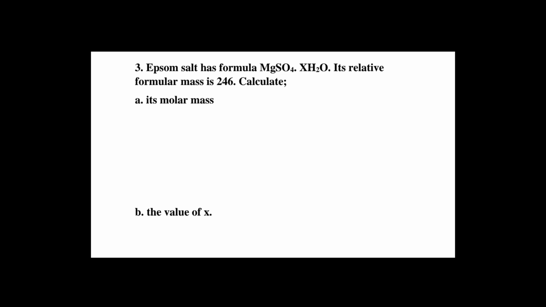Remember guys, the way I started my lesson, I showed you how to calculate the molar mass. I just hope you have that concept, but we need to start this question critically because we are having X in the chemical formula of magnesium sulfate.